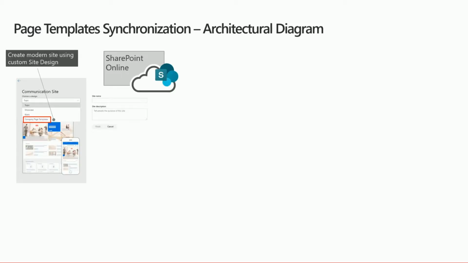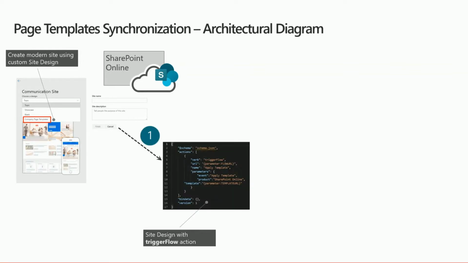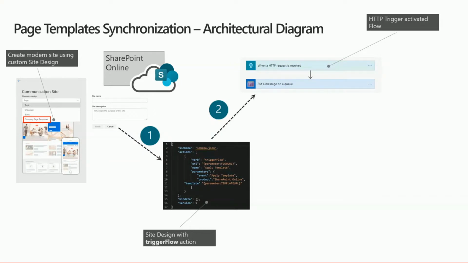To give you an idea of the overall architecture of a proposed solution for this need, you can have a custom site design, which will be available in the list of designs that you can select when you create a modern site. And once you create the site design, inside of the site design, you can use the trigger flow action, which will be useful to invoke an external Microsoft Flow. So we are back again on Flow.